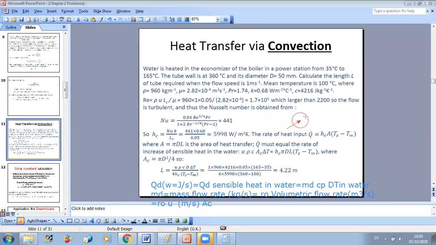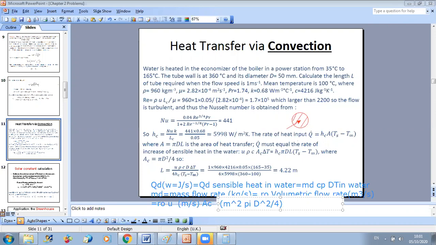This area corresponds to the circular area, which is pi r square, or pi d square over 4. So AC is in meter square, and I can replace it by pi times d square over 4.